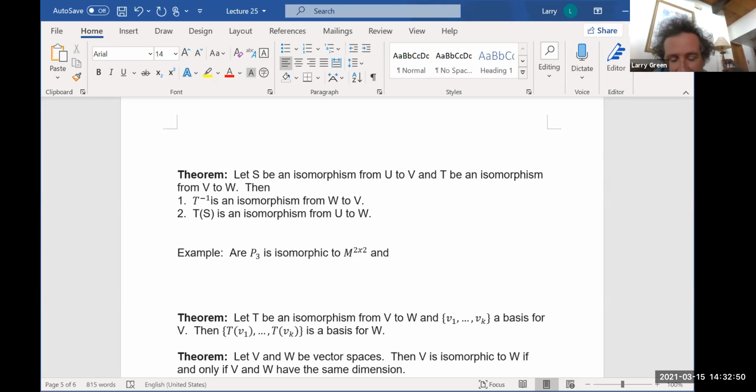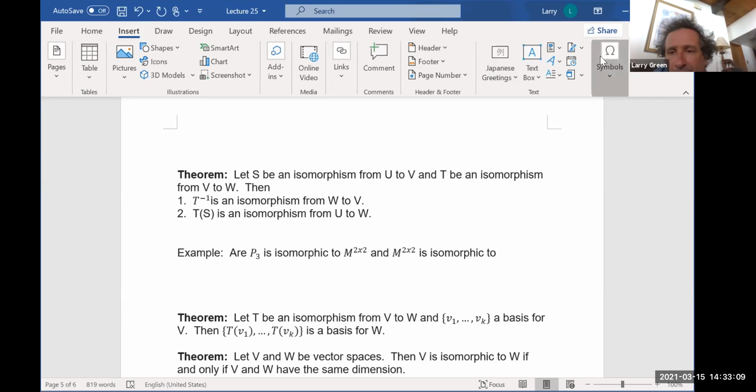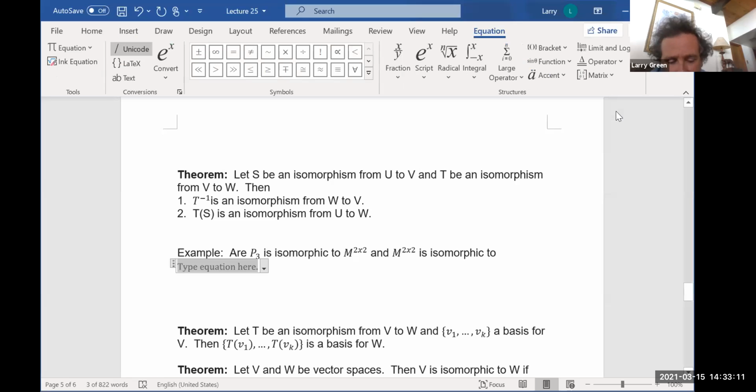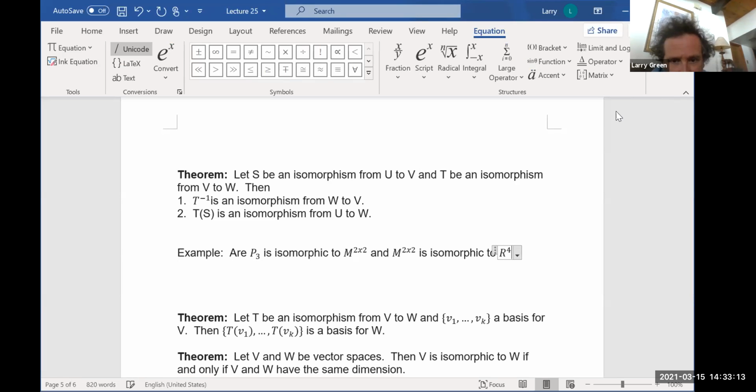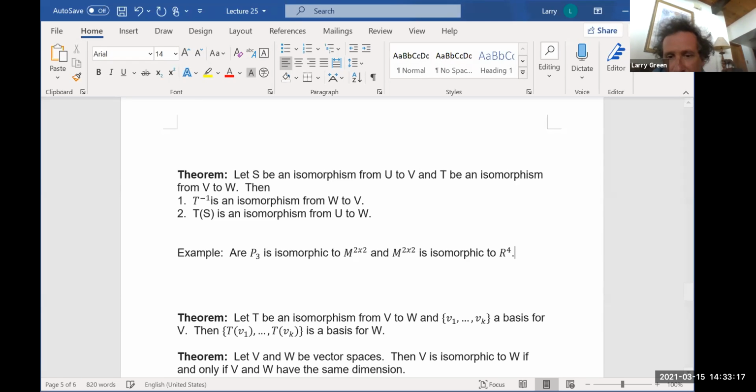And M2 by 2 is isomorphic to R4. You believe that?